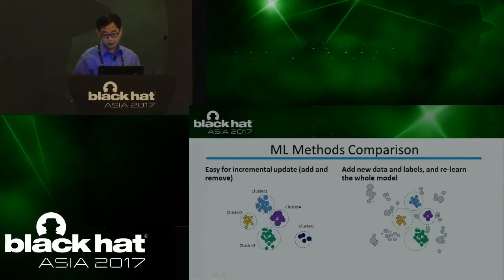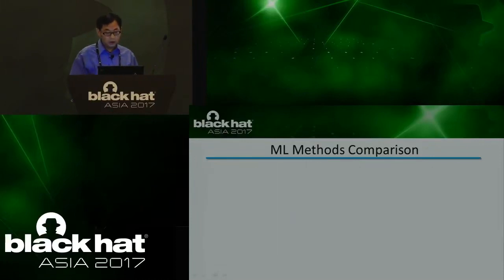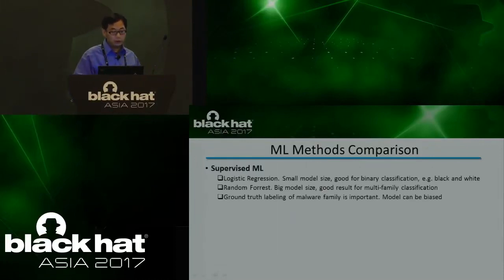But for the supervised, you basically have to relearn. It's important that we build a highly scalable, high performance method. It takes time to relearn the whole millions of feature vectors. It's really hard.